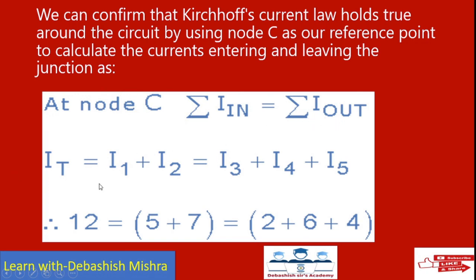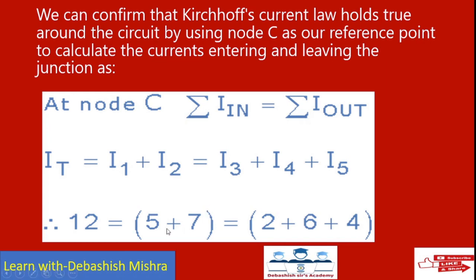So IT will be I1 plus I2, which is equal to I3 plus I4 plus I5. I1 plus I2 is 5 plus 7, it is 12, and I3 plus I4 plus I5 is 2 plus 6 plus 4, it is 12. So both are the same. Incoming current is equal to outgoing current, hence Kirchhoff's current law is proved.